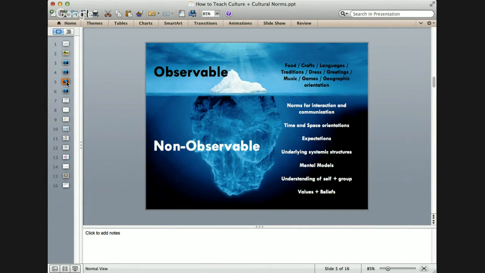What are some of our mental models? And how do we understand ourselves versus the group, and which do we value more? And these get teased out as we're doing community visits, as we're in our group team meetings, and they're things to be celebrated, but I think if they're not acknowledged, they can quickly cause confrontation and conflict.